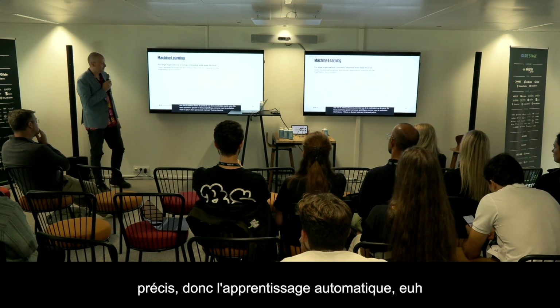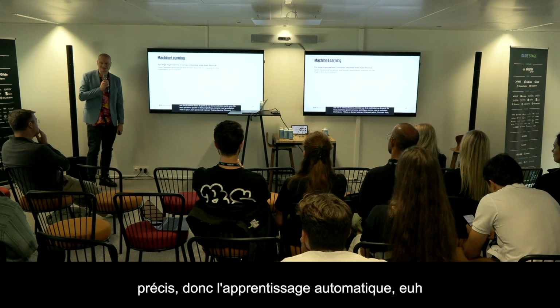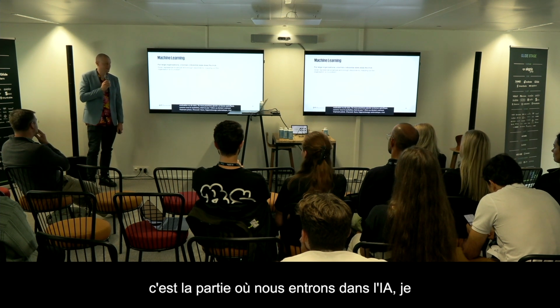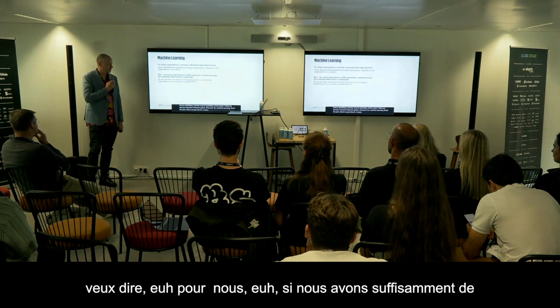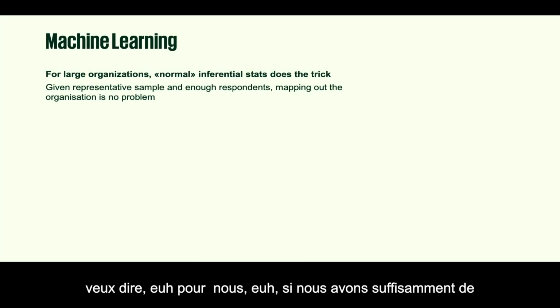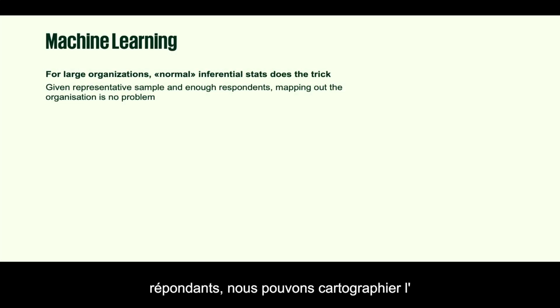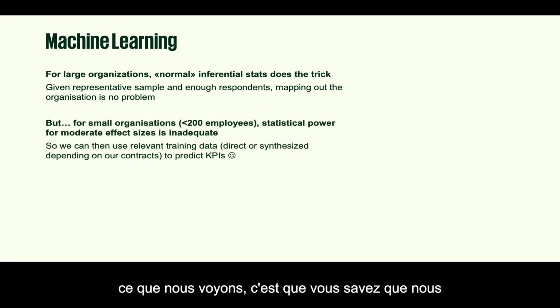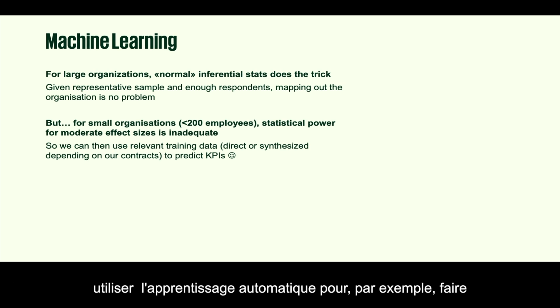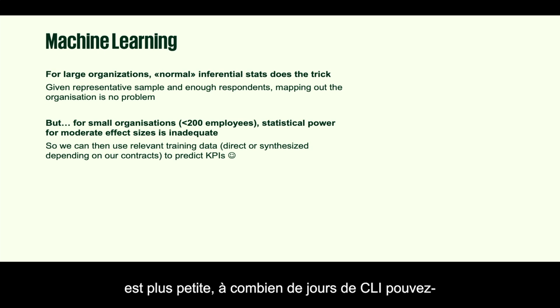All right. So machine learning, that's the part where we get into AI. I mean, for us, if we have enough respondents, we can map up the organization without assistance from AI or machine learning. But we also work with smaller companies, and then it's nice to have big data that we can use machine learning on to, for example, make educated guesses for this company that is smaller.